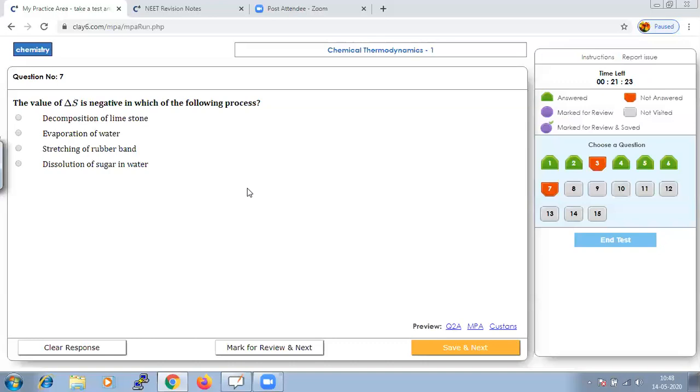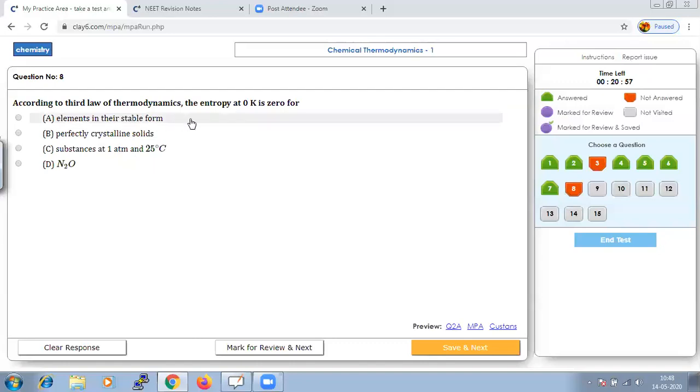Whenever we try to stretch it, it gets uncoiled, and hence the uncoiled arrangement will have a more specific geometry. Thus the change in entropy is negative. So the answer should be stretching of rubber band. Let's save and go to next.